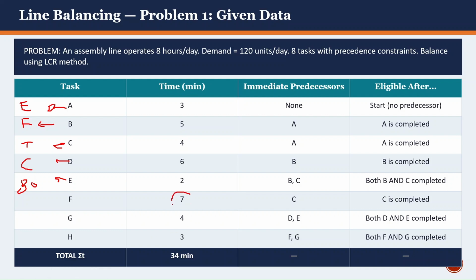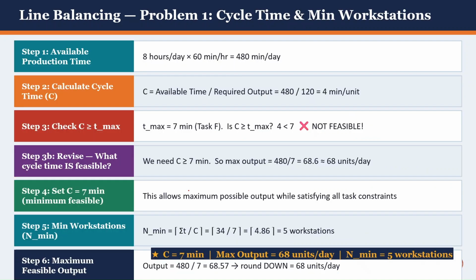The maximum time is 7 minutes, which we usually call the bottleneck station. So the maximum time required is 7 minutes, whereas the cycle time is 4 minutes. Since C is not greater than T max, we won't be able to do it in a single workstation. Now, what can be done?